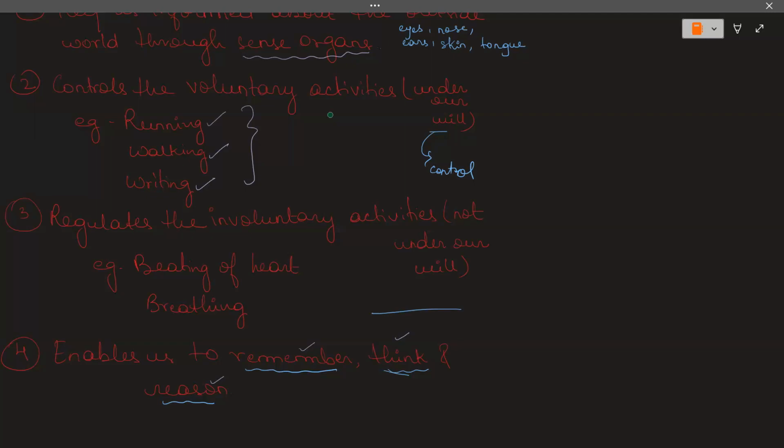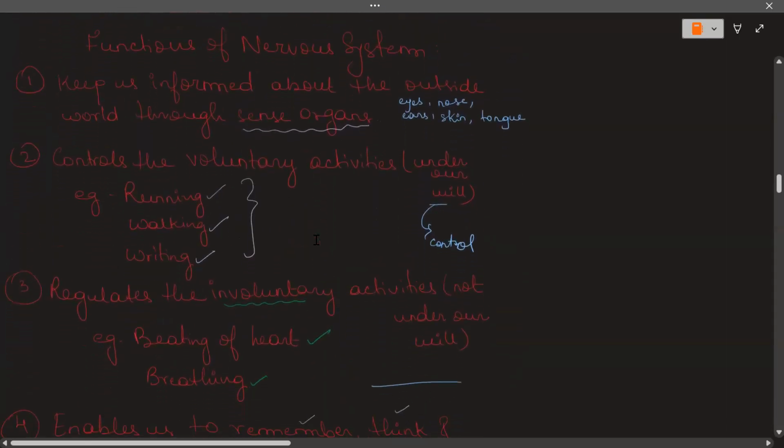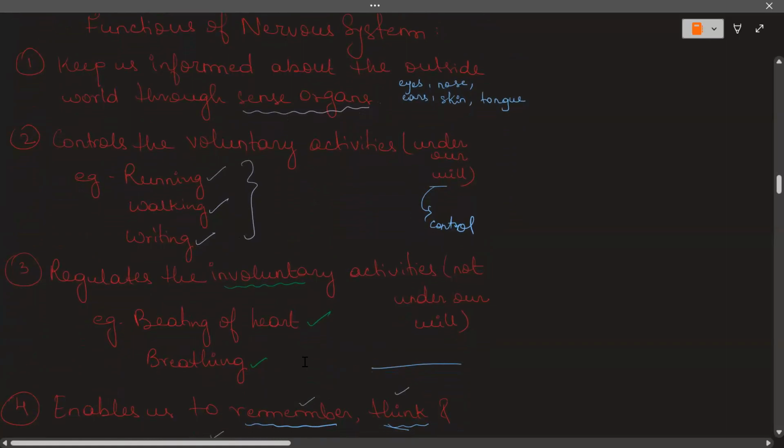So all of these activities or functions of our body which we cannot control, which are not under our will, we call the involuntary activities, such as the beating of the heart, breathing, and the food being pushed down through the alimentary canal. All of these are involuntary activities and we cannot control them. But because we have a proper nervous system, we can regulate both involuntary and voluntary activities.